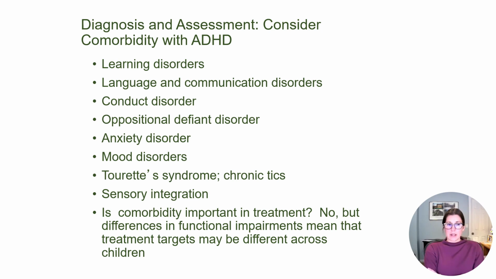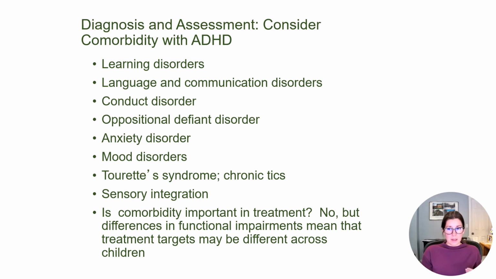And the final point here is, is comorbidity important in treatment? In terms of treatment outcome or the class, the type of treatment that one should consider, no, it's not that important. But these comorbidities may result in differences in functional impairments, which means that our treatment targets might be really different across children or across individuals.